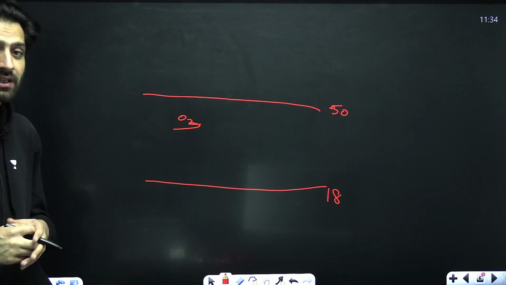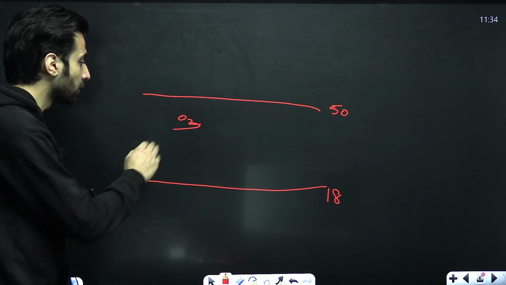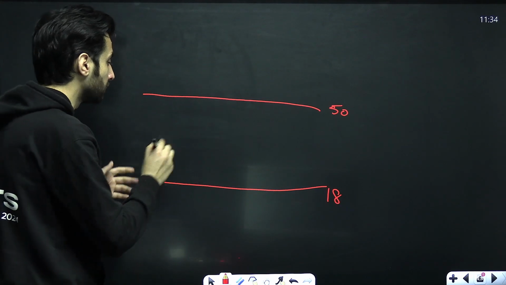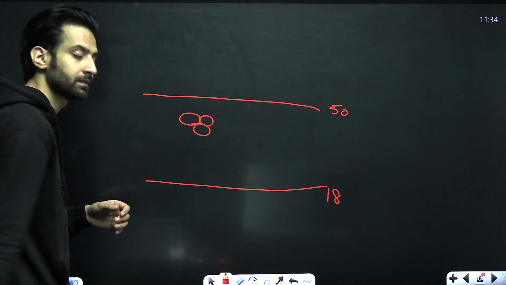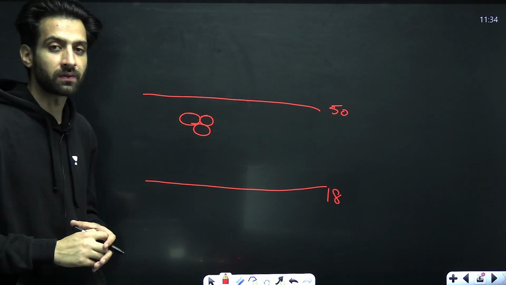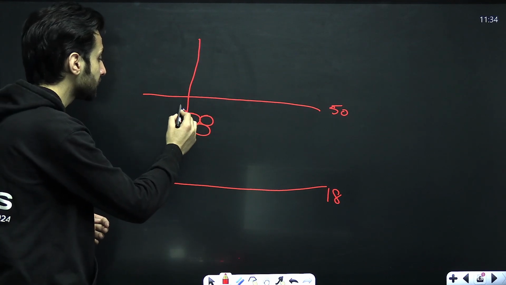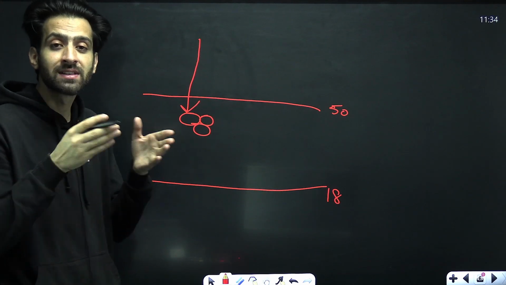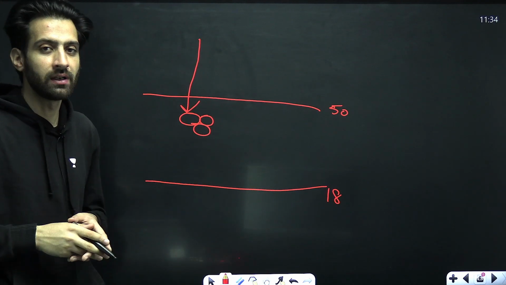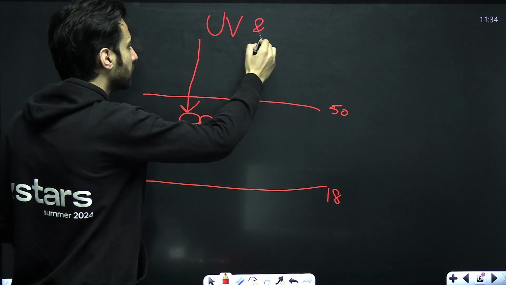How does it happen? Why is there higher temperature? Because of ozone. As you would know, ozone is a combination of 3 O molecules. So there are 3 O molecules in the stratosphere. Now, when there is the sunlight, you will find the sunlight coming, but it will have radiation. Sunlight comes with visible radiation as well as ultraviolet radiation. There will be two types of waves, UV and visible.